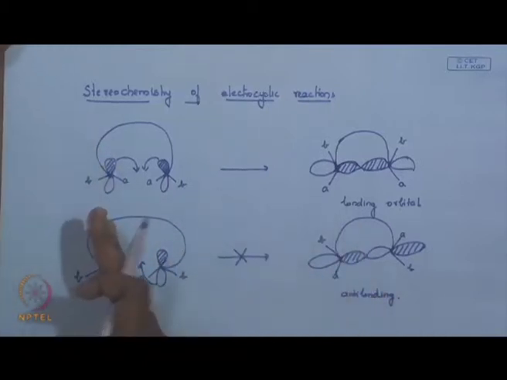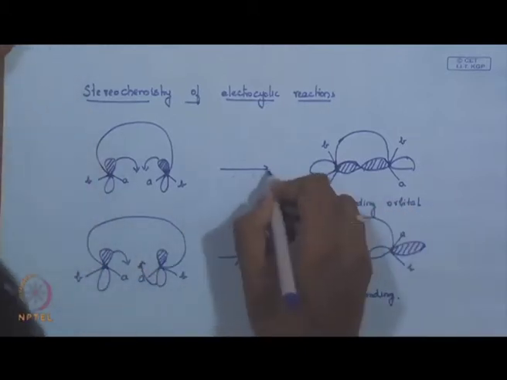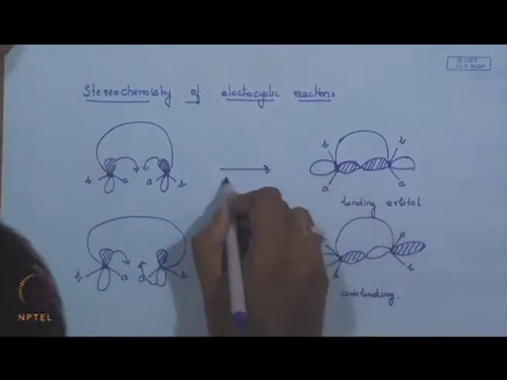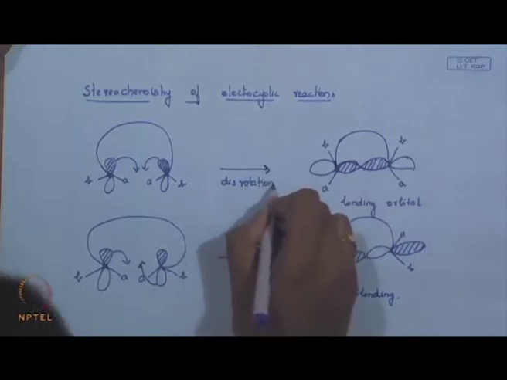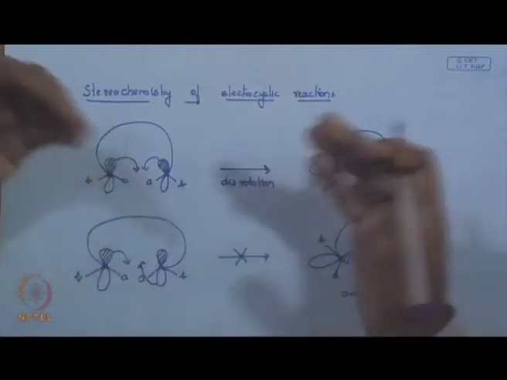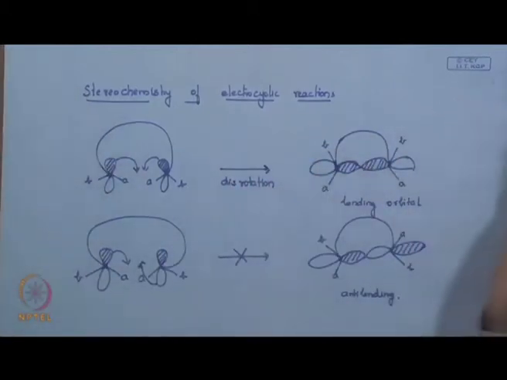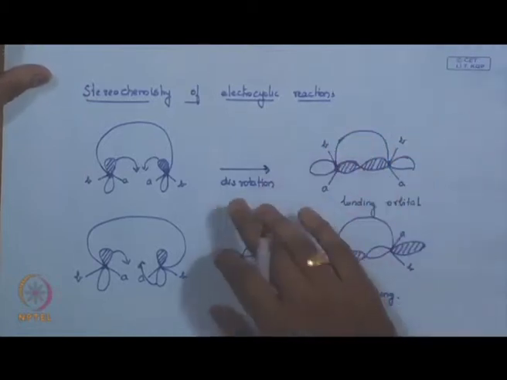If you have clockwise as well as anti-clockwise rotation to give you a sigma bond, then you call this rotation disrotation. This is very important, this part you should know. This is called disrotation.